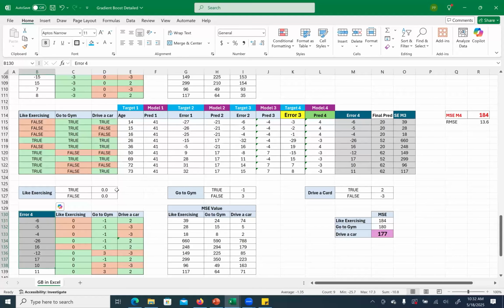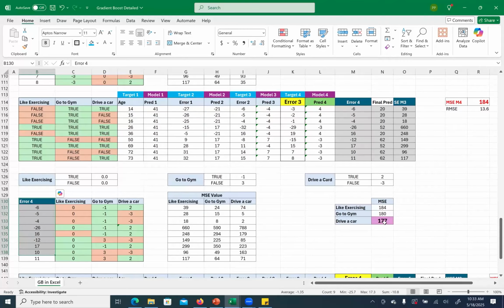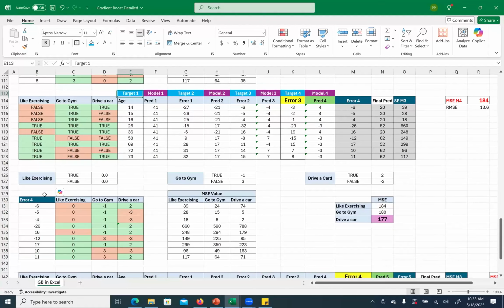I will check whether exercising, going to gym, or drive a car is giving me the highest accuracy. Drive a car is giving me the highest accuracy in predicting error 4. So error 4 is my new target, which I'm trying to predict.